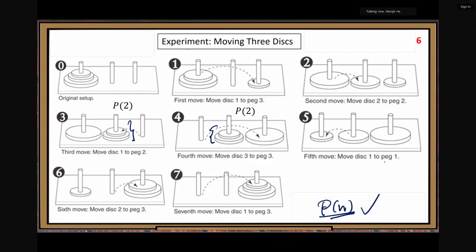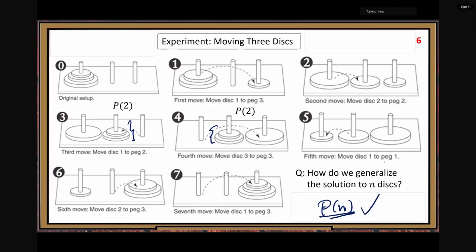Let's do the n disk problem. Let's solve the n disk problem. So next step, solve the n disk problem. This time, when we work on the general n disk problem, can we assume the n minus 1 disk problem has been available?